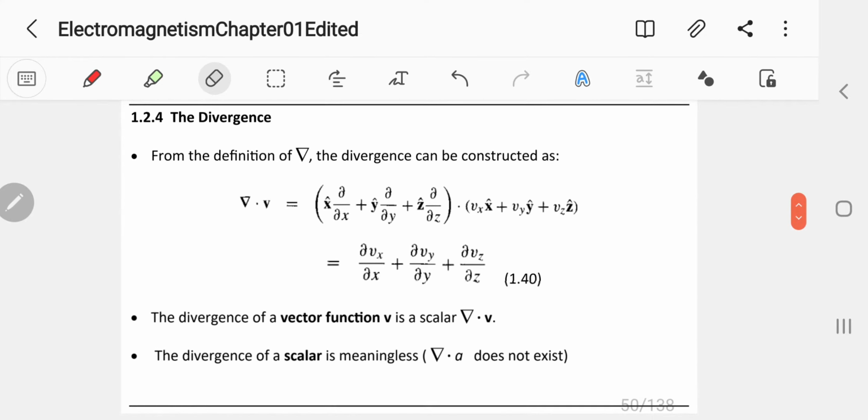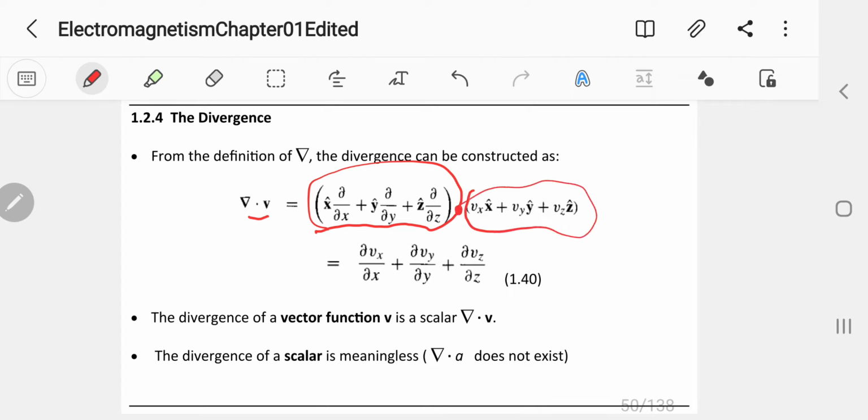So what is a divergence, by the way? A divergence, if you compute it mathematically, is just this one here. Your del operator would be just this one, and then you dot it with a vector function, for example.